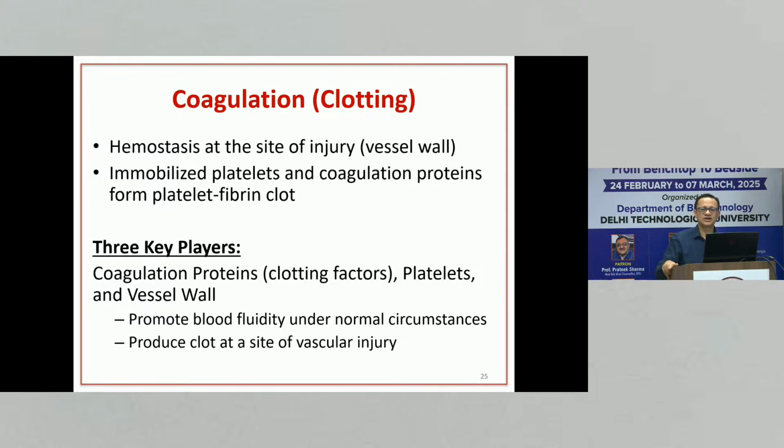Now coagulation, clotting, hemostasis at the site of injury. So if there is an injury, the body wants that injury to be healed, taken care of, so that blood can start flowing properly and everything is normal again. Some of the main players when injury happens are clotting factors, platelets and the vessel wall.